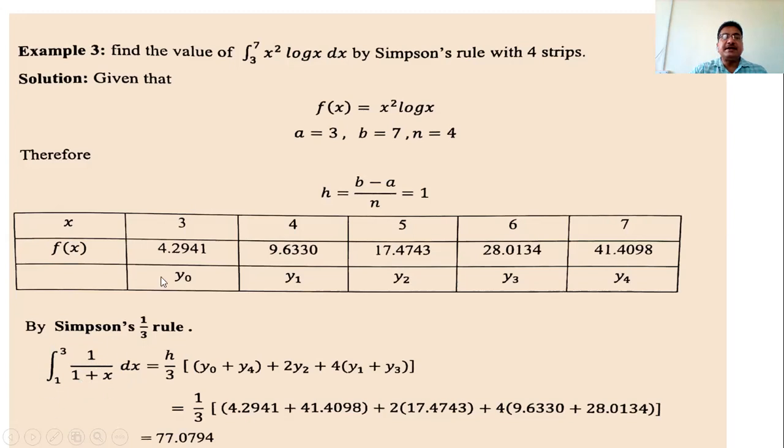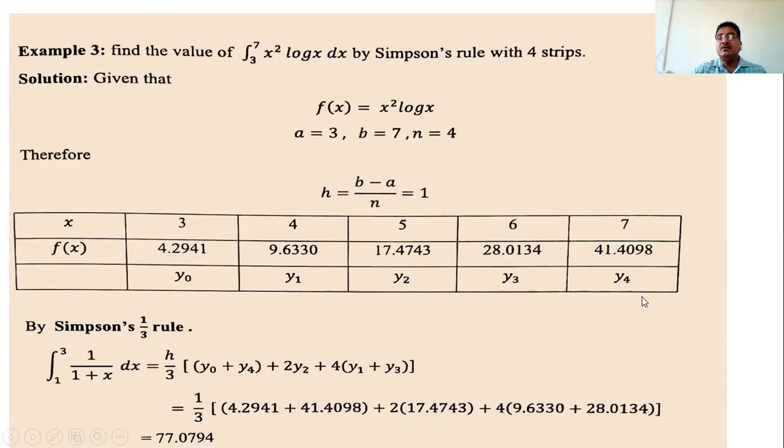Here write left side as integral 3 to 7 x square log x dx is equal to h by 3 times the RHS: y0 plus y4, first point plus last point, first value of y plus last value of y, plus 2 times even suffix. So what are the even suffix? Y2 is the only even suffix value of y.